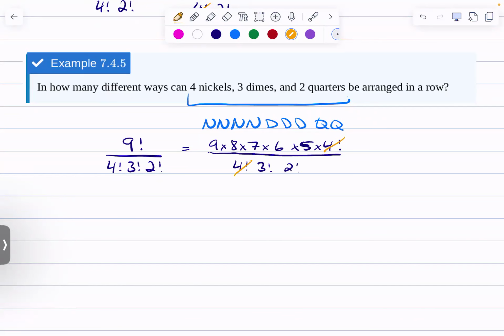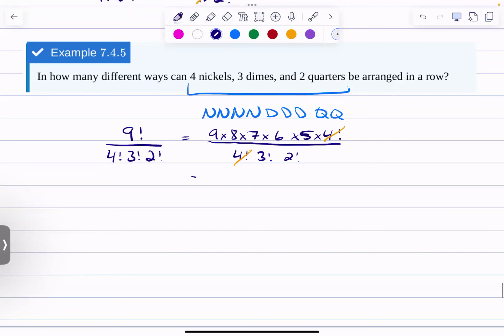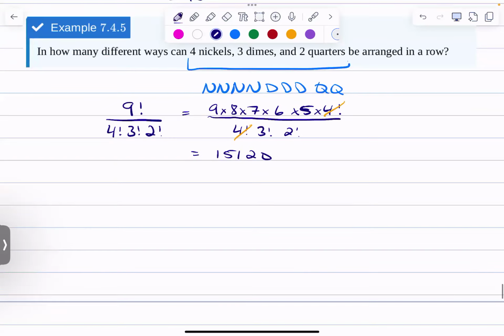These 4 factorials will go away. Now, oh, I did something weird with my calculator. 9 times 8 times 7 times 6 times 5 is 15,120.